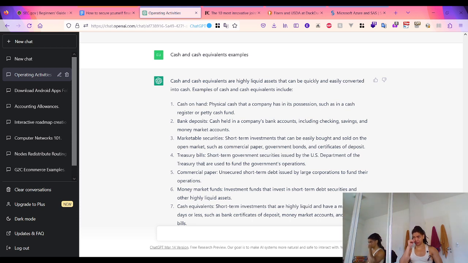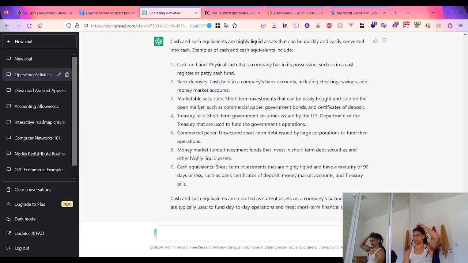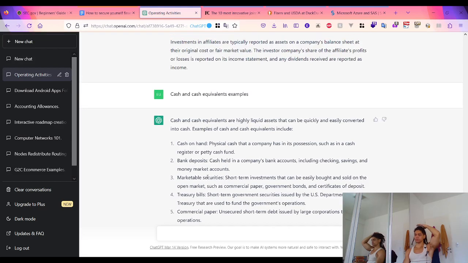Commercial paper, treasury bills, bank deposits, and cash equivalents. Short-term investments that are highly liquid and have a maturity of 90 days or less, such as bank certificates of deposit, money market accounts, and treasury bills.